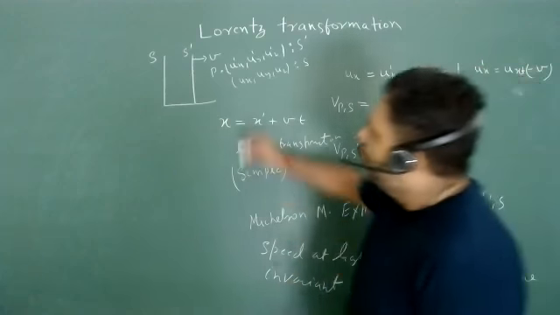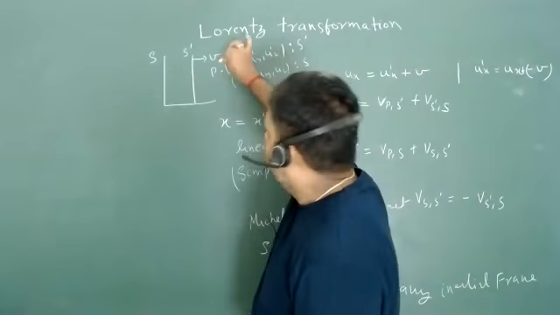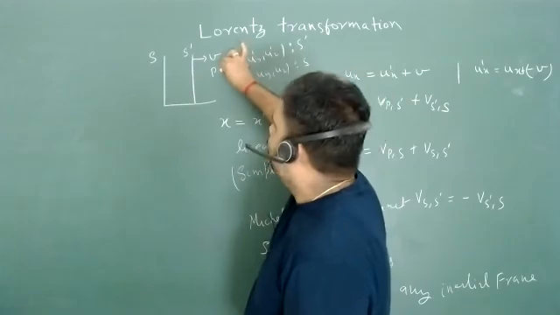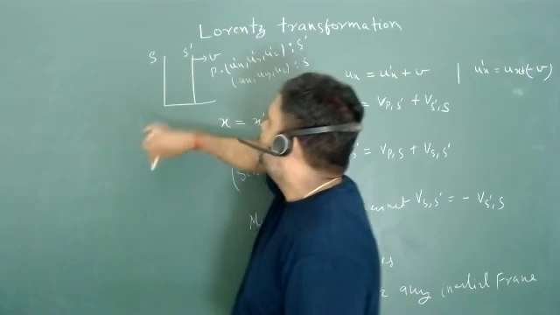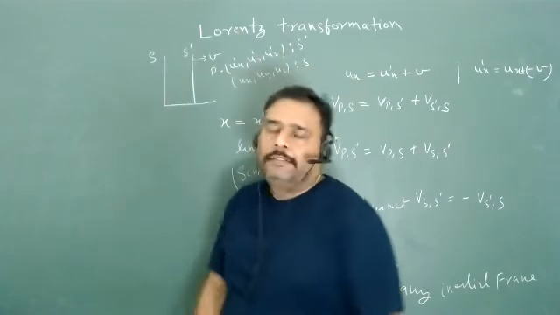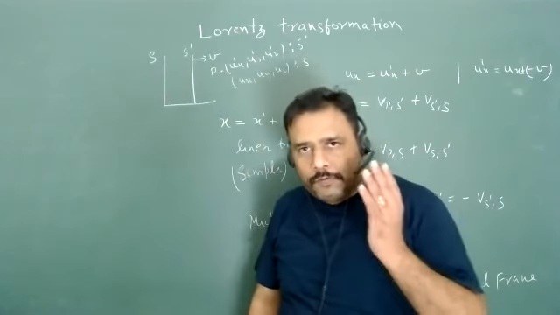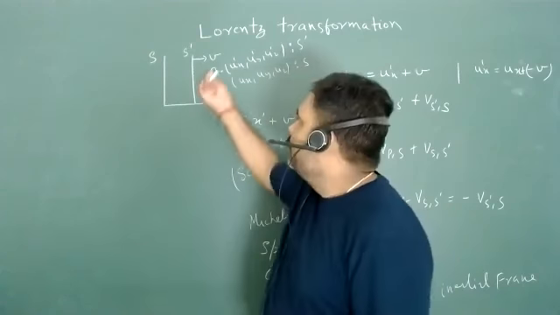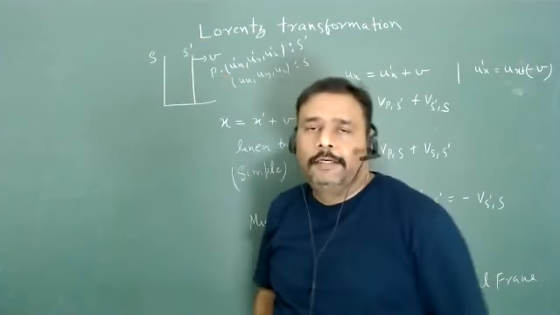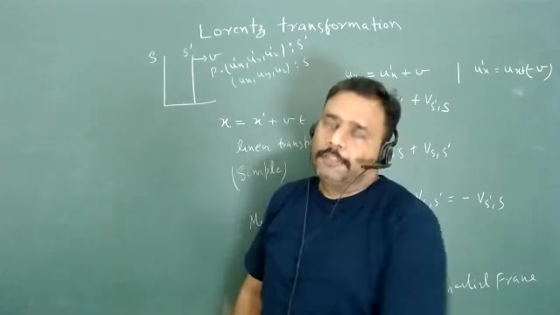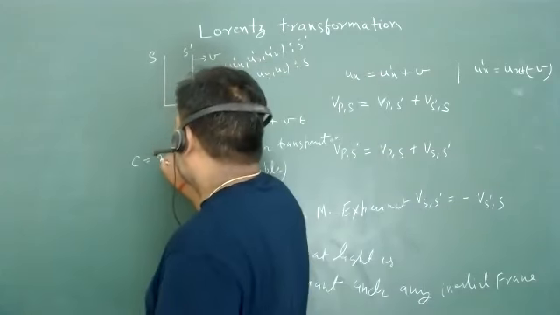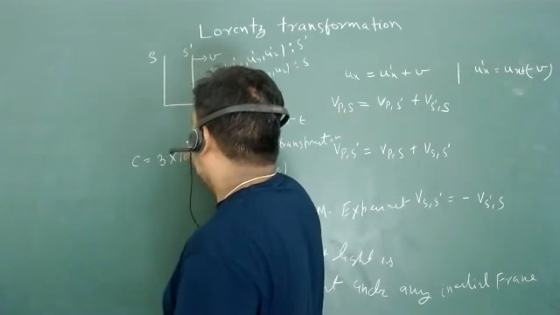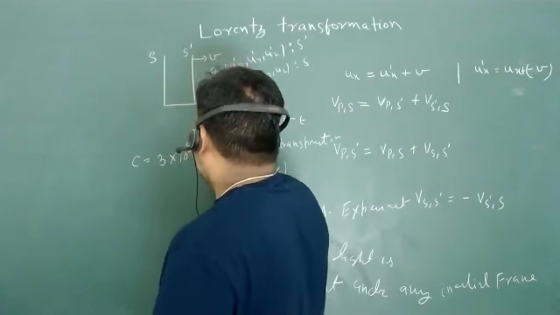It means if this particle is a photon or light pulse, whether you are watching it with respect to S dash or with respect to S, you will measure its speed to be always constant, and this constant value is a very nice number: 3 into 10 to the power 8 meters per second.